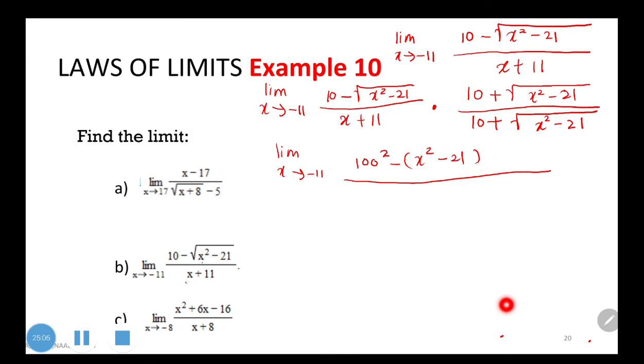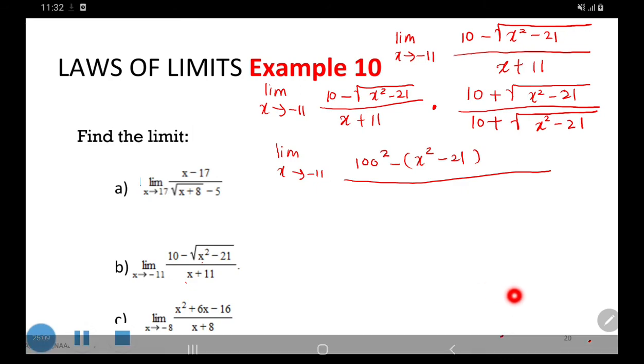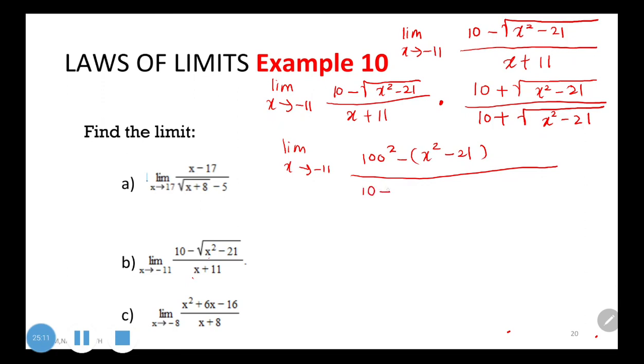Okay, just try it at home. Then we change it here. Sorry, this is not, okay, there's no square there. So then here you will get 121 minus x square. Okay, don't forget this.